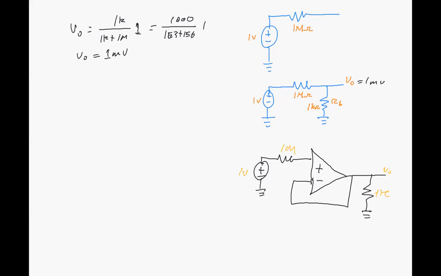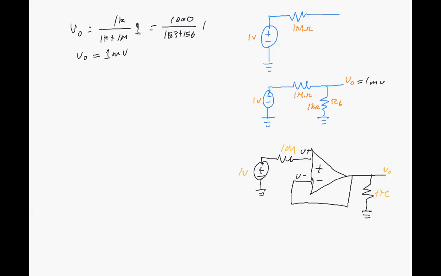Well, we've got this op-amp that ideally has infinite input resistance, and we can write V minus and V plus up here if we'd like.